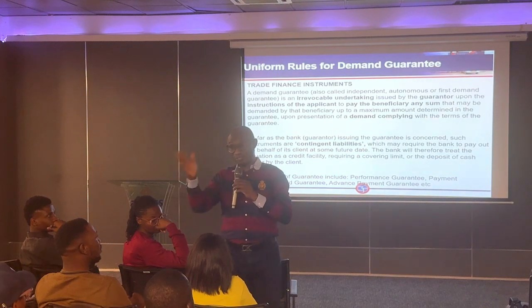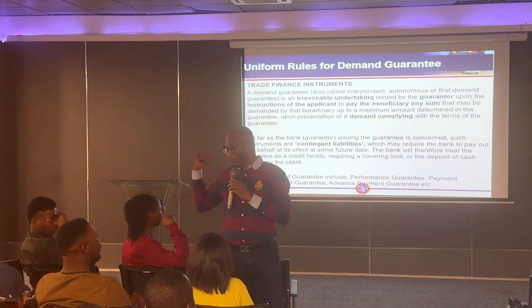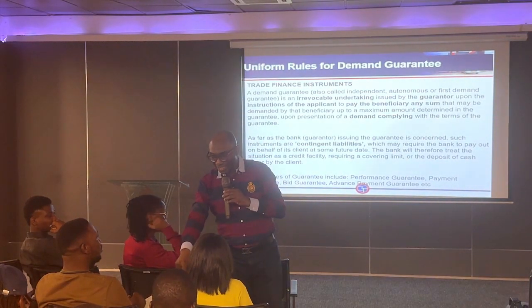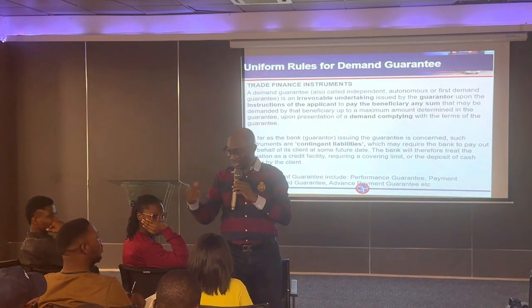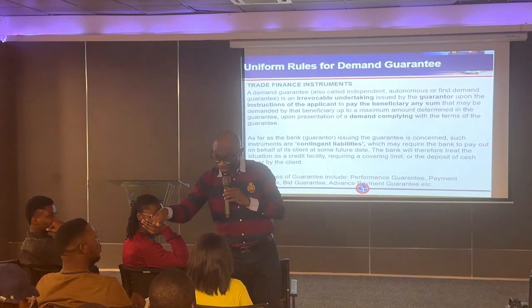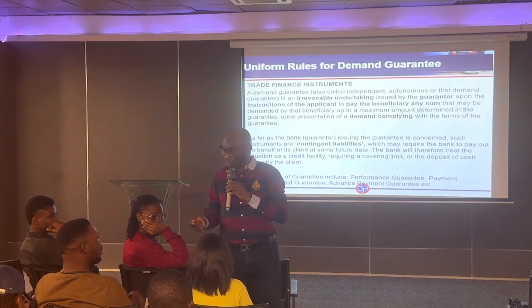Demand guarantees have different options: performance guarantee, payment guarantee. When that machine was produced, the inspection agent, SGS, came and did inspection. They issued their product certificate. The product certificate came to Nigeria, we issued Form M. With Form M issued, we can now issue the LC.